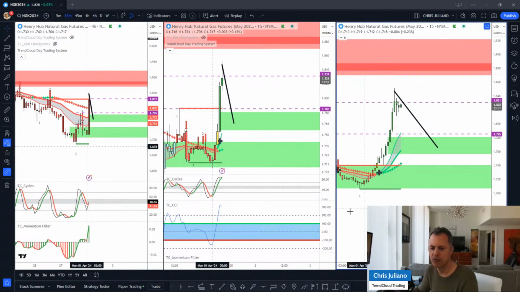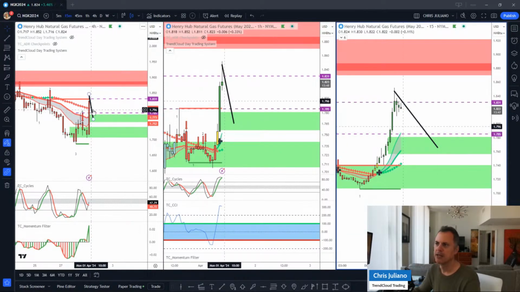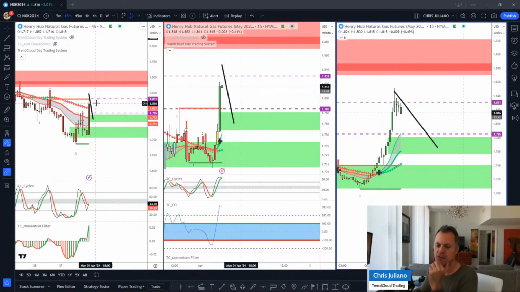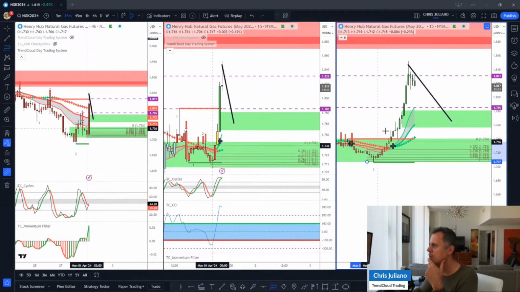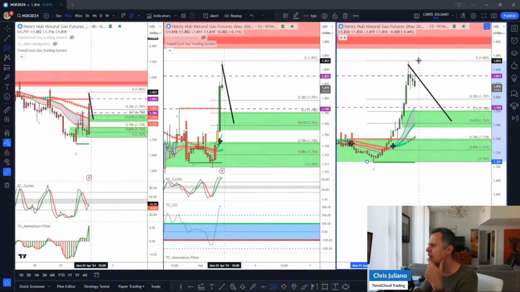TrendCloud is also 50. Yes. Yeah, so I'm calling the 50% fib area. Oh, nice. Oh, right on. Good call. Swing low to swing high. And yep, right there.